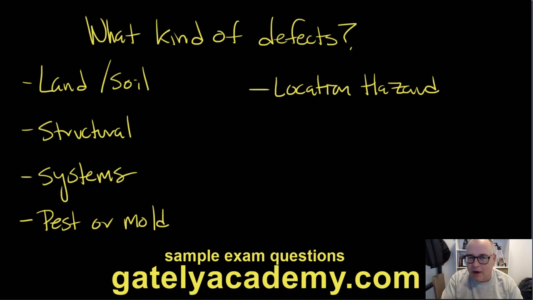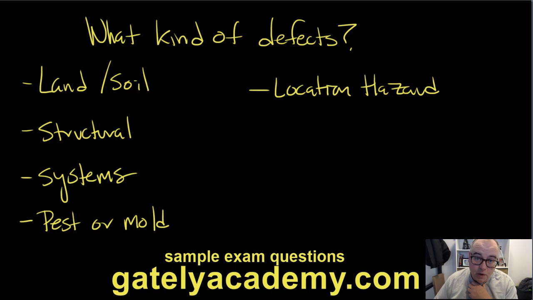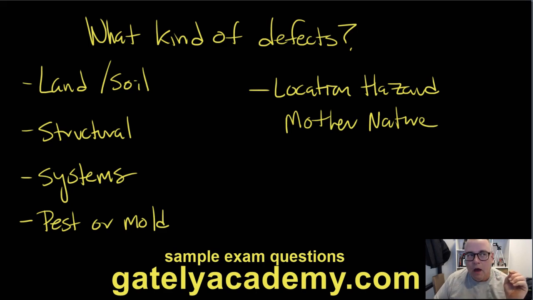Pests, whether it's the raccoons or the termites, mold, anything along those lines, if you know about it, you must disclose it. And the last one is the location hazard, which I think of like Mother Nature type of things. Here in Massachusetts, that would be like erosion or flooding.